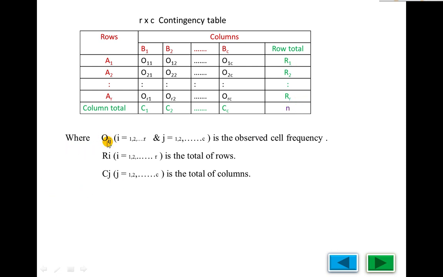So Oij: I will vary from 1 to R rows, J from 1 to C columns.